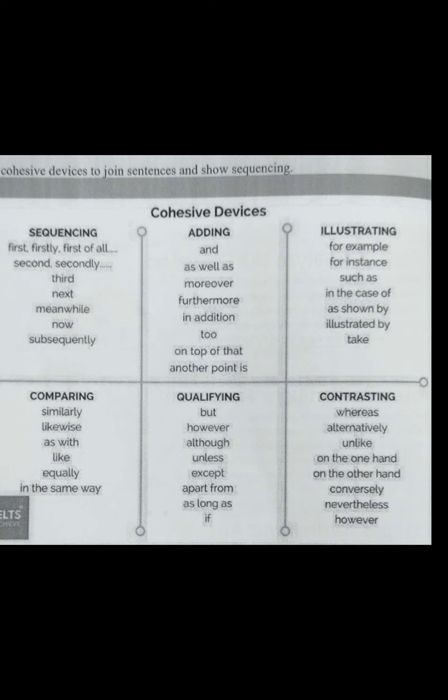And then after that, illustrating. Illustrating here means you want to give examples. Okay, you can use for example, for instance, such as, in the case of, as shown by. Alright, and then when you want to compare something, you can use similarly, likewise, as with, like, equally, or in the same way.